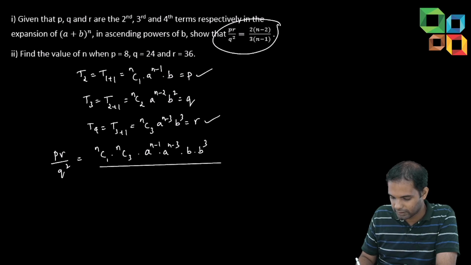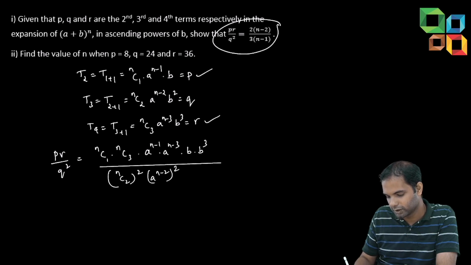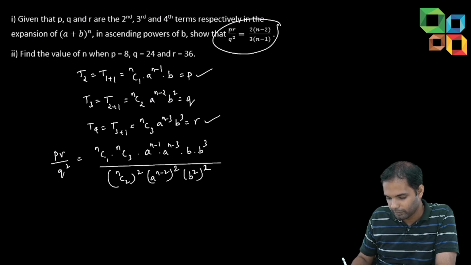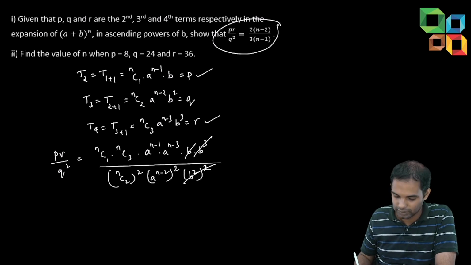Q is nothing but NC2 whole square, each term squared. So A power n minus 2 whole square and B square whole square. B square whole square is B power 4. Can you see that it will get cancelled?